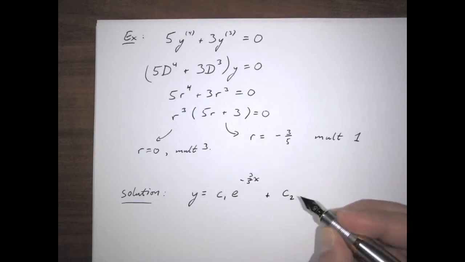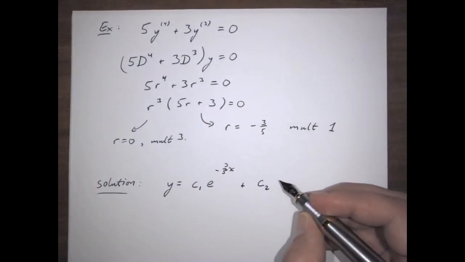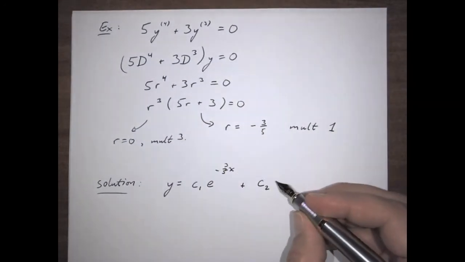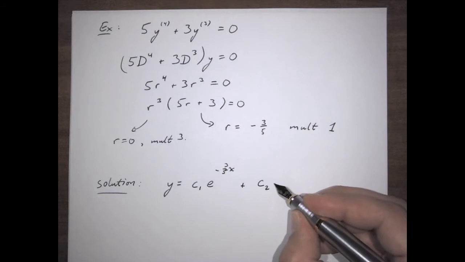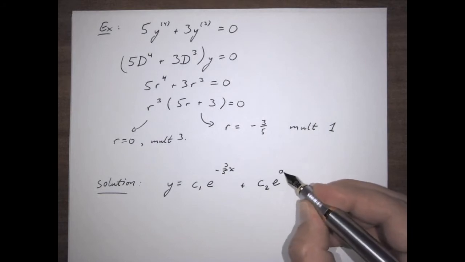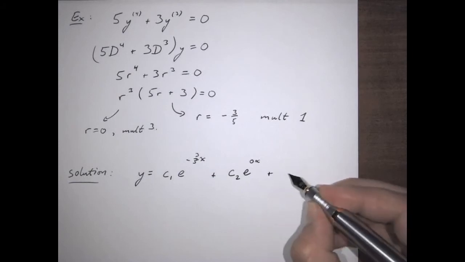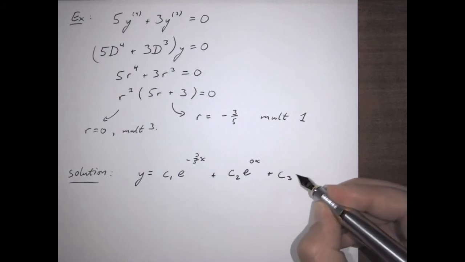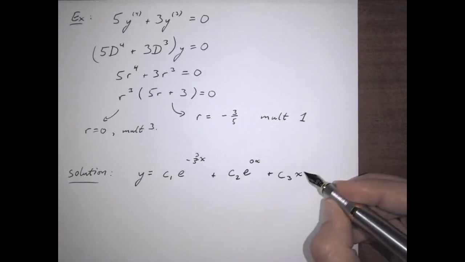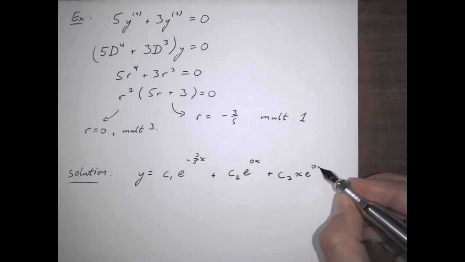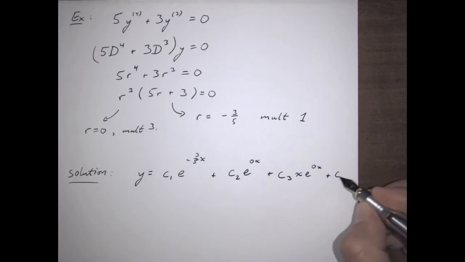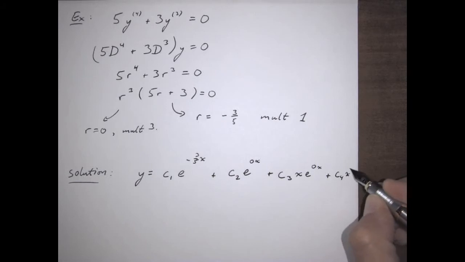However, now we're going to need to disambiguate all of the powers of 0. So we're going to have c2 e to the 0x plus c3 x e to the 0x plus c4 x squared e to the 0x.